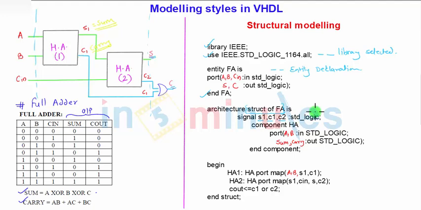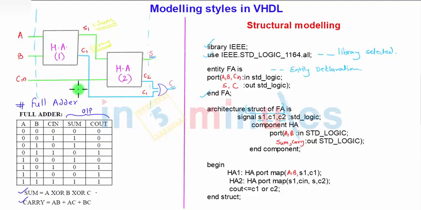Now these signals are associated with some components. There might be multiple components, but if you see, there is only one component which is used two times: the half adder. So we will declare the component for only one half adder. If you are using 3 NAND gates and 2 OR gates, you will define component NAND only once and component OR only once.